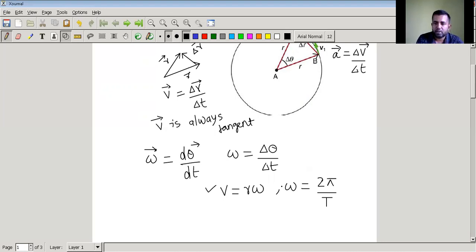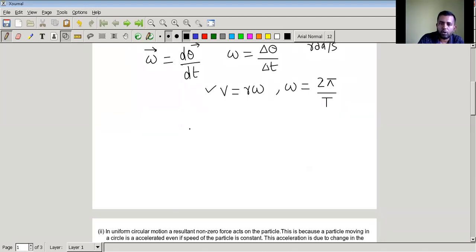It says that it goes around once and describes 2 pi, which is 360 degrees. Omega is measured in radian per second.